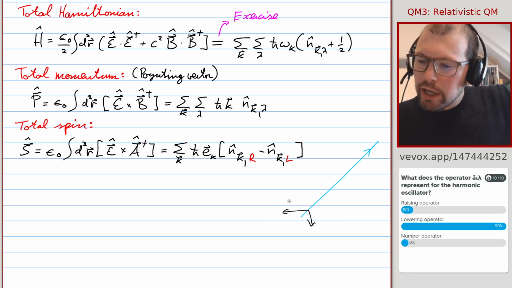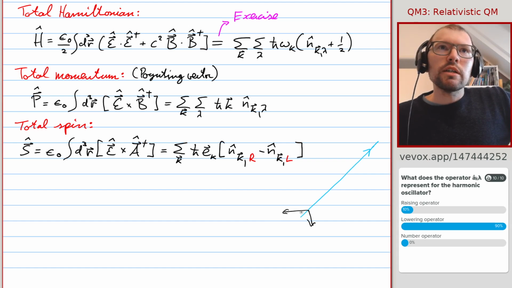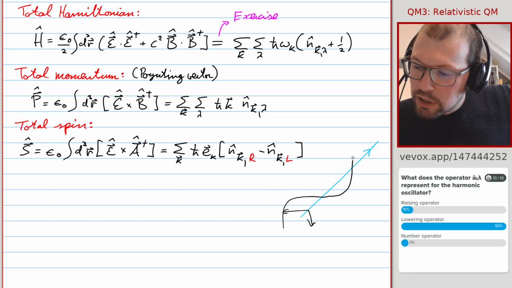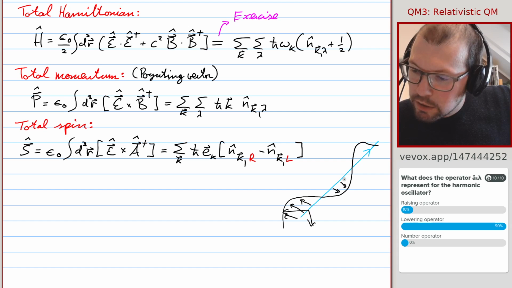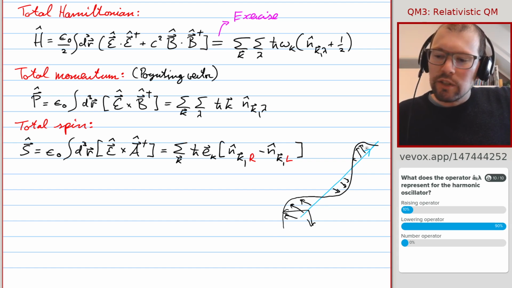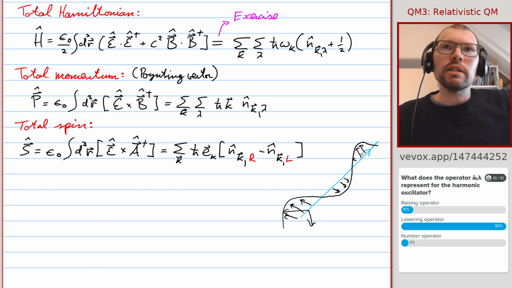If I look at the wave that is in one particular polarization, then the electric field will just oscillate in that direction. But this is not a solution that has an intrinsic angular momentum.